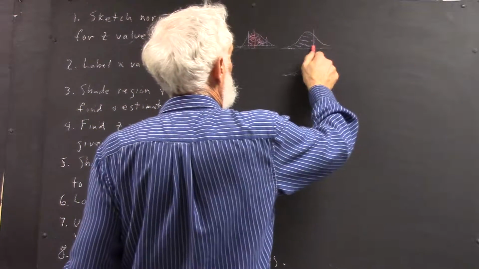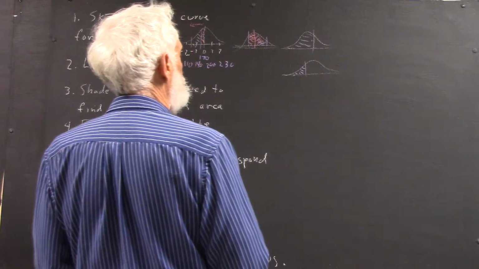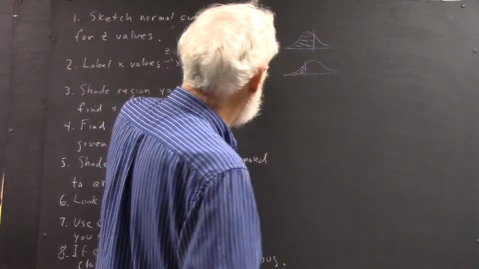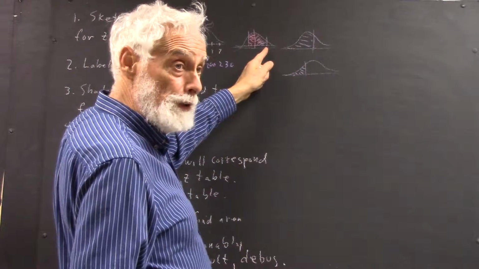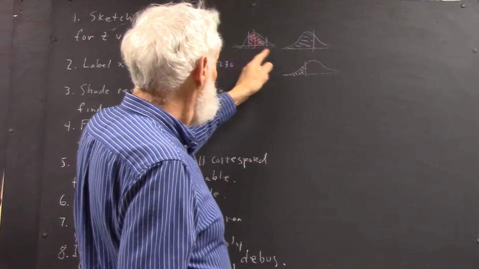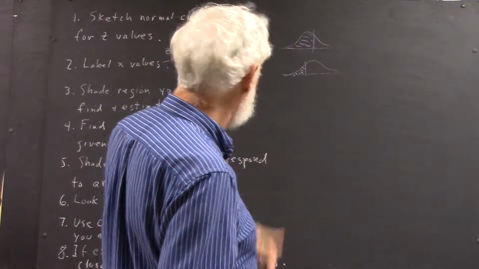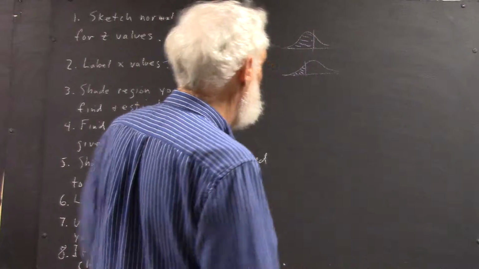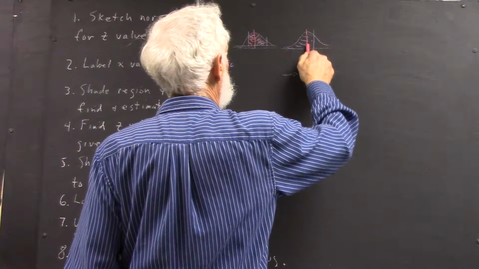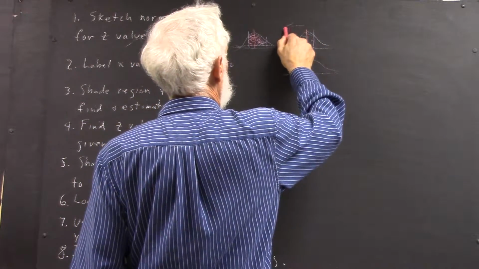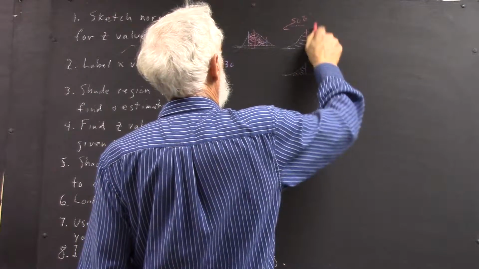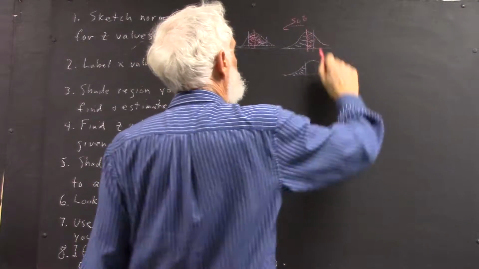If we want everything to the left of some value, well, actually, it's not the situation we just saw here, because this ends at this x value, right? So we have two regions. Neither one of them is 50%. Now over here, one of our regions is the 50%. We've got 50% over here, and we've got an area on this side.